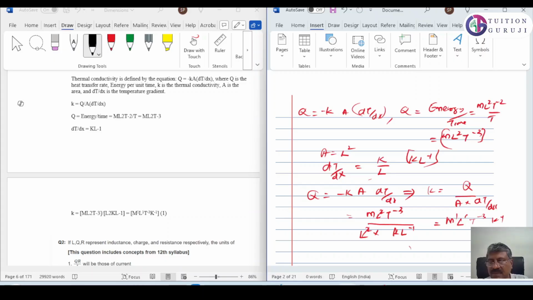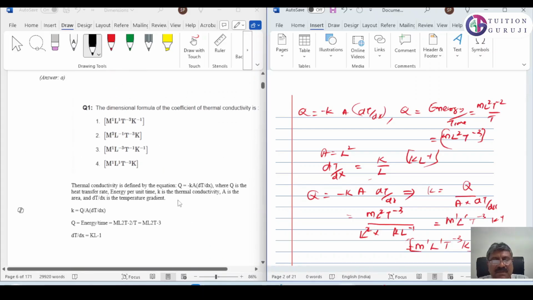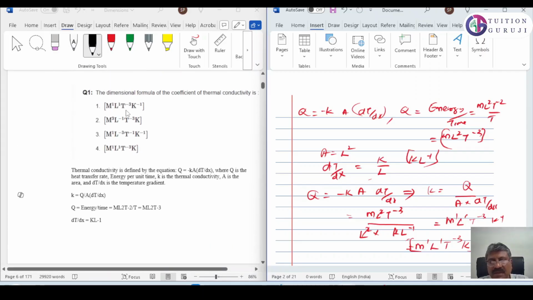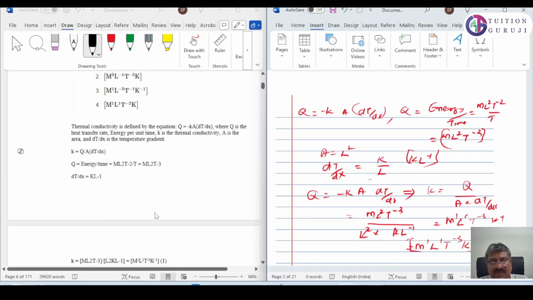So it will be M raised to 1, L raised to 1, T raised to minus 3, K raised to minus 1. Let us see what the answer is. So it is the first answer, M L T raised to minus 3, K raised to minus 1.